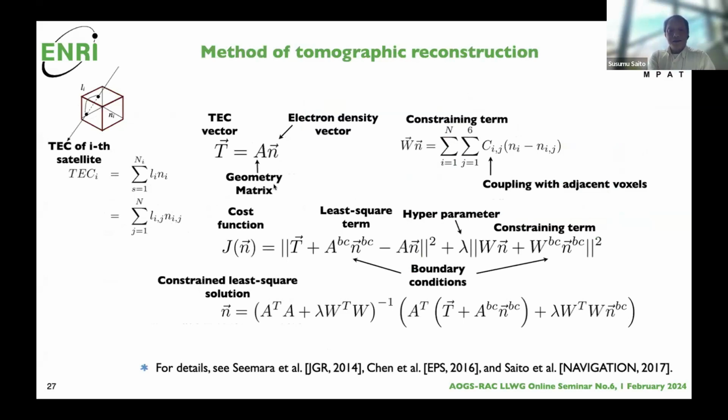This is a basic equation. So TEC measurement is related to the electron density by a geometry matrix. So basically, the problem is to solve this one for the electron density vector.